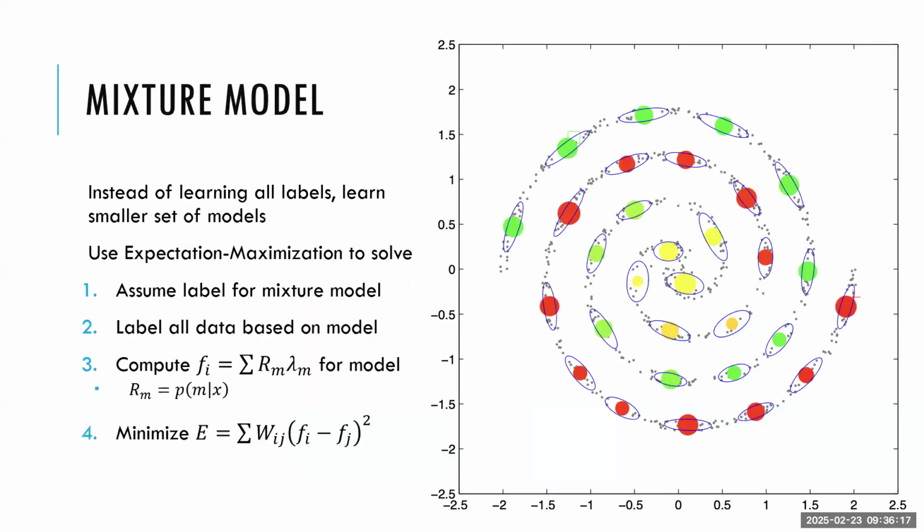After the random walk method, we can also use a mixture model. We learned the mixture model previously, where we have multiple small clusters. We can do the same: use the mixture model to create multiple clusters, and the data that belong to a cluster will have the same label.